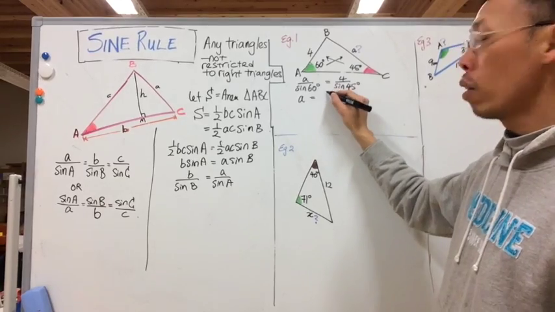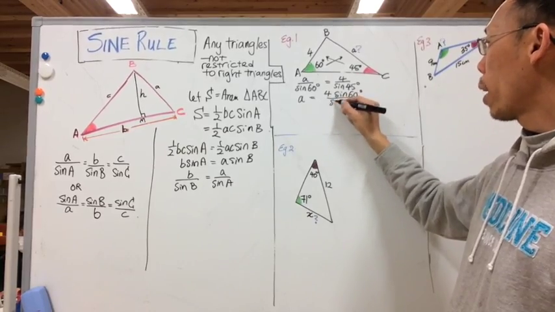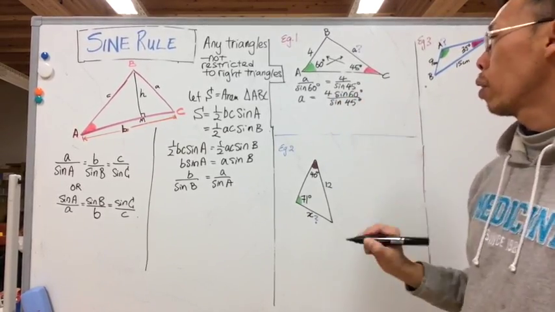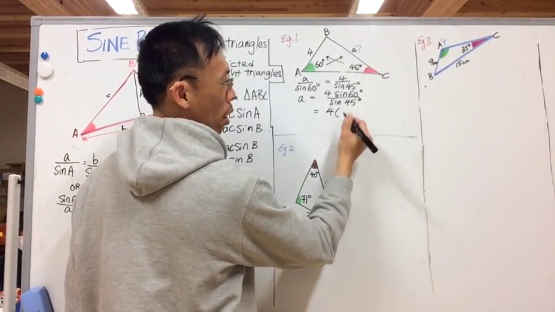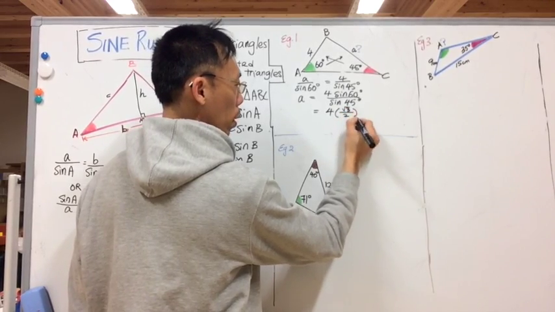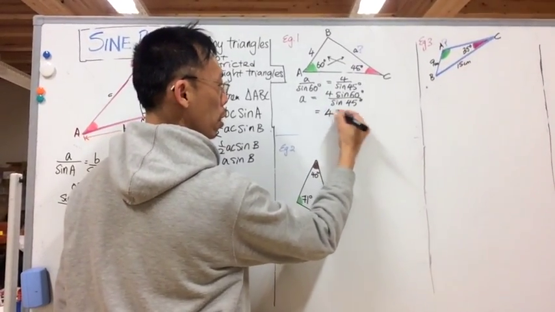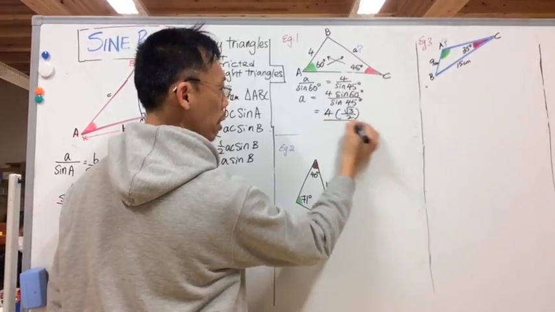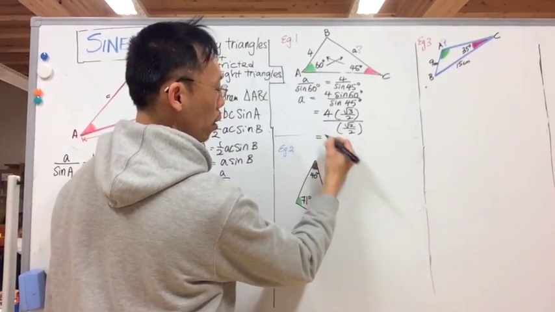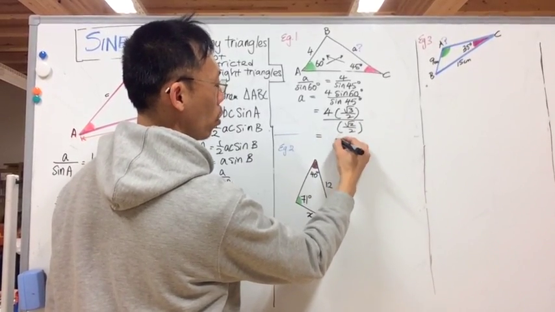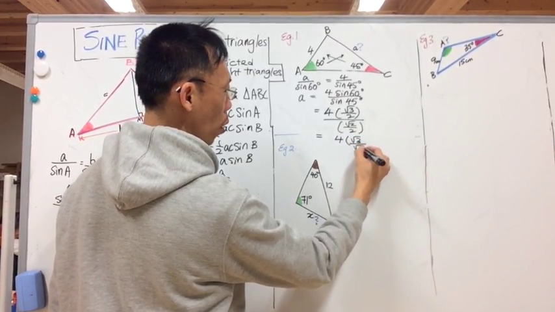Therefore, A itself is 4 times sine 60 degrees over sine 45 degrees. Putting in all the information, sine 60 is square root of 3 over 2, and sine 45 is square root of 2 over 2, and that means this is 4 times square root of 3 over square root of 2.